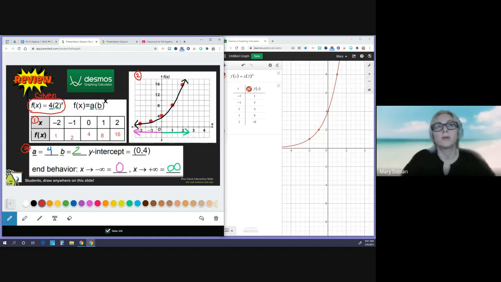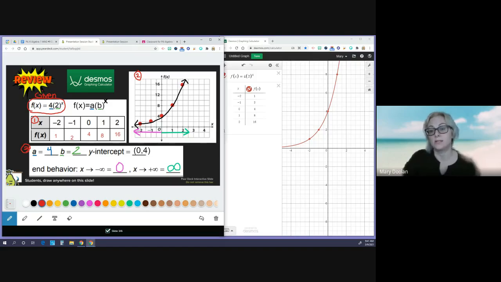And that's like the kind of problem you might have on Friday. Like, here is your exponential function, and it'll ask you questions about it. Okay, it could ask you any of these things about it. So you should try to understand all these pieces that it could ask about just given that. Best way to do it, go to Desmos, type it in, make a table, look at the graph, evaluate it from there.